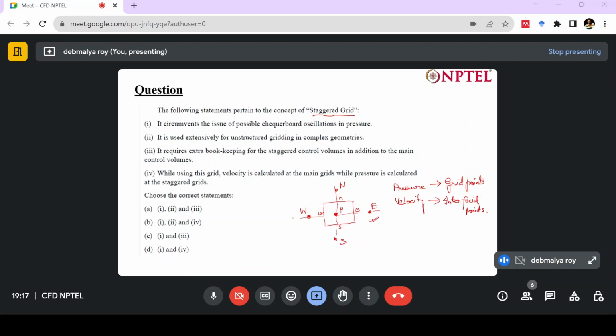For example, for x velocity, we create a control volume where the grid points P and E are at the edge, and the small e point is at the center of the control volume, acting like a grid point. Due to this approach, it is called a staggered grid approach, as if the velocity grids are staggered.